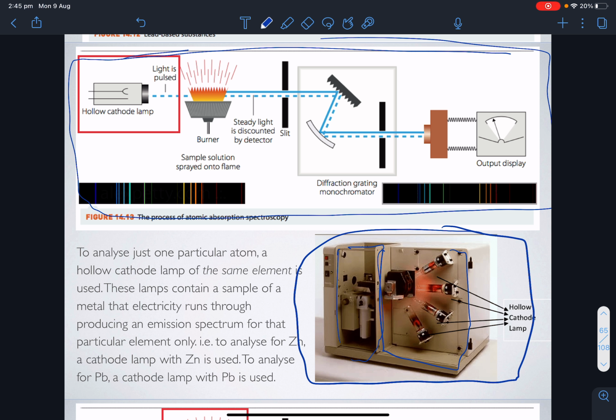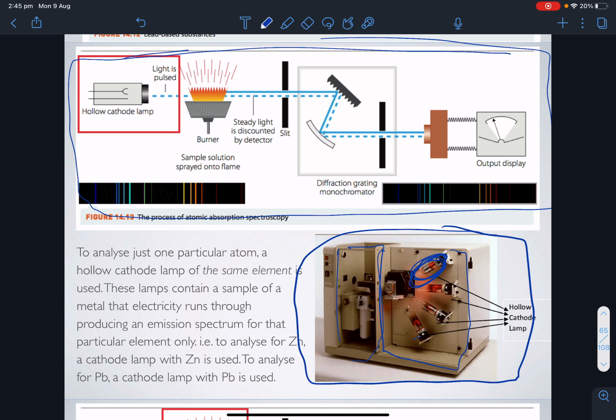Okay, so to analyze for one particular metal atom at a time, what ends up happening is you have a hollow cathode lamp. There are 4 of them in this machine, but they're identical in form, and I'll talk about the differences in a second. So these lamps contain a sample of the metal that you're trying to analyze for.